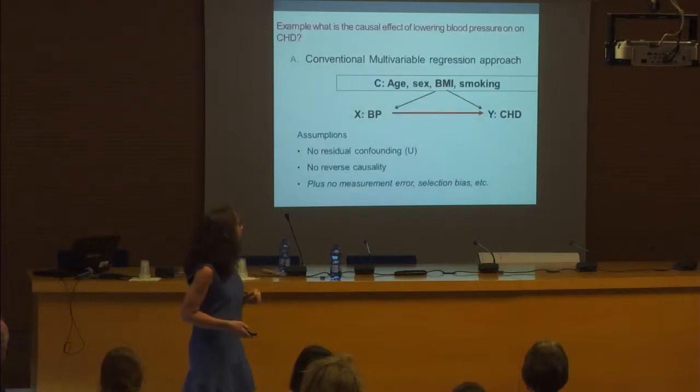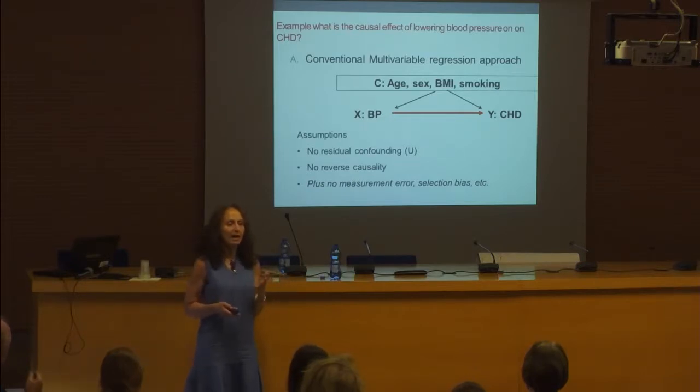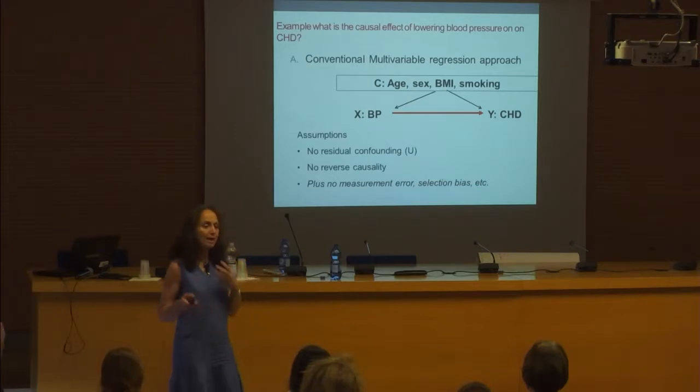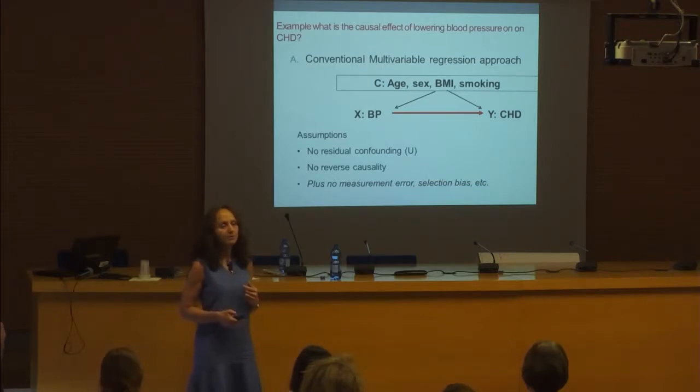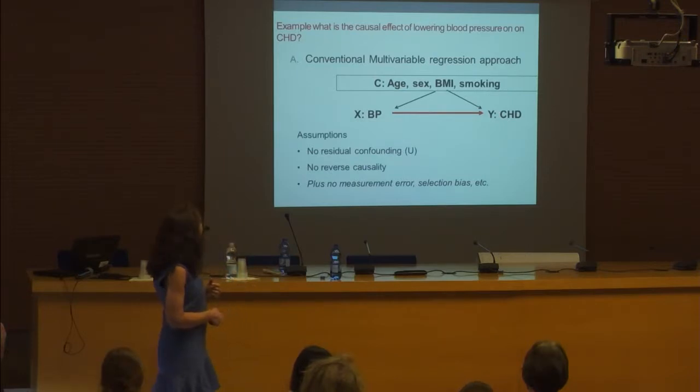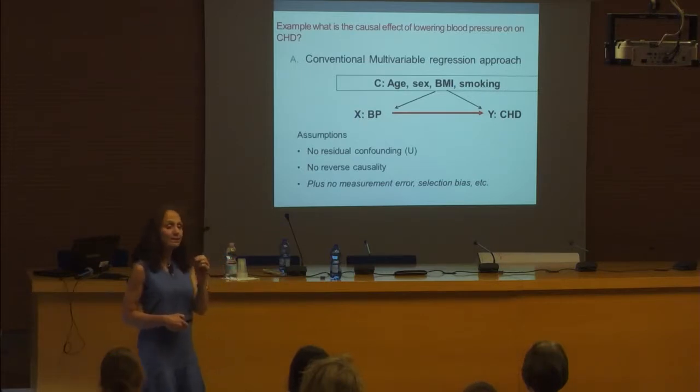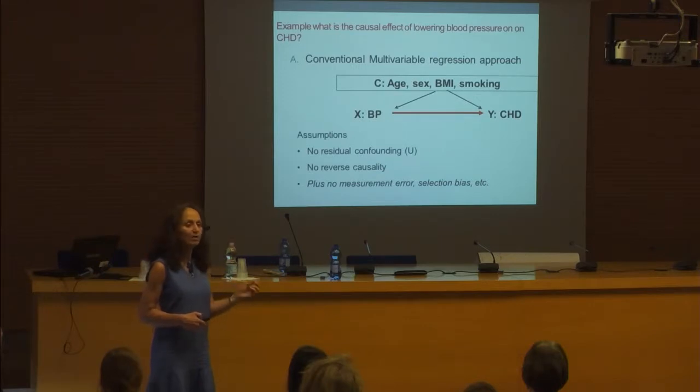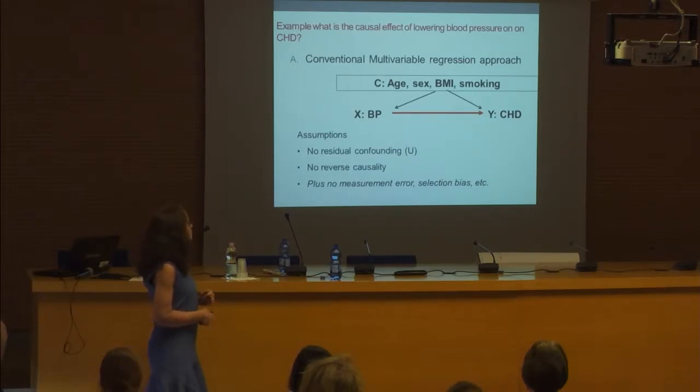But if we take a step back and think about why we might want to do that, it's a different approach to conventional ways of trying to find out if something is causally related to an outcome than, for example, multivariable regression, where what we try to do in multivariable regression, if we're interested in whether blood pressure causes coronary heart disease, or more specifically interested in quantifying a causal effect, where that could be anything from a minus to 0, null effect, to a positive, what we would do with multivariable regression is try to adjust for as many confounding factors as we can in our data and hope that we're doing a good job there.